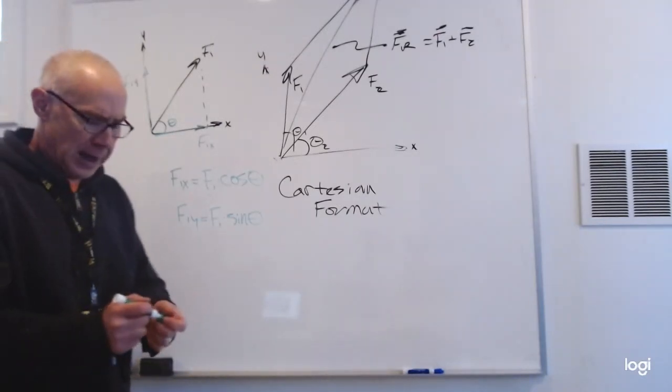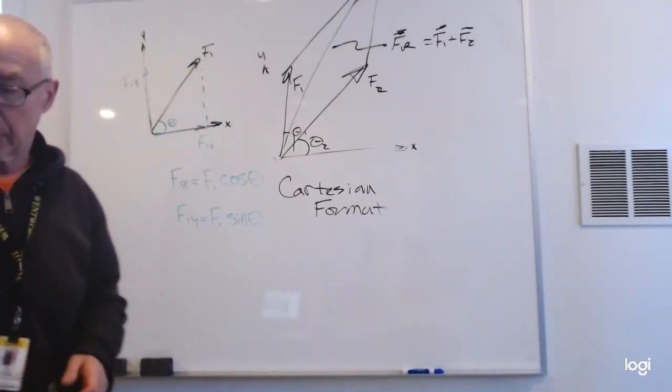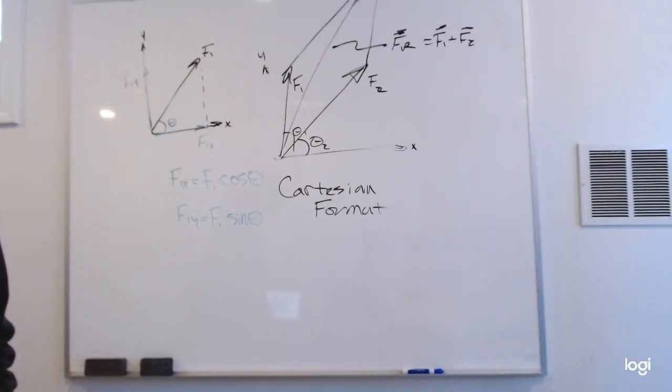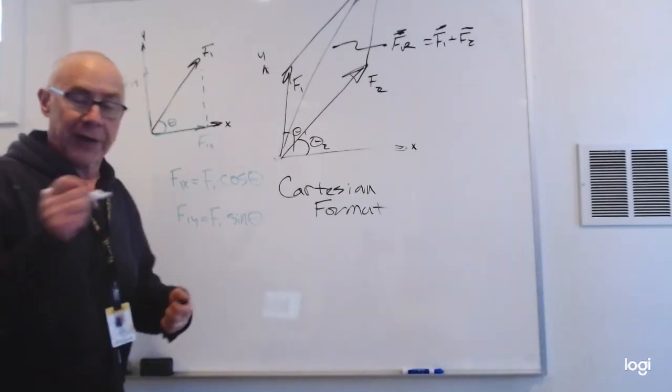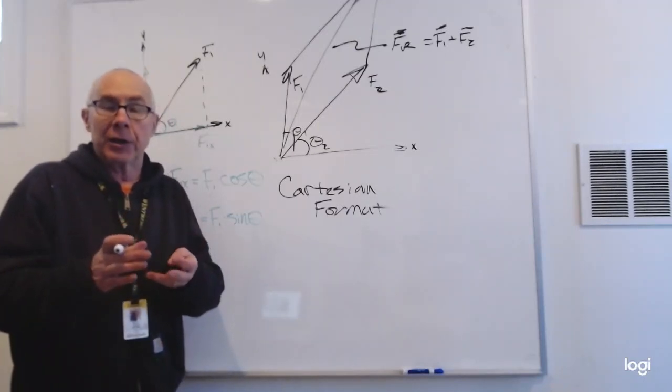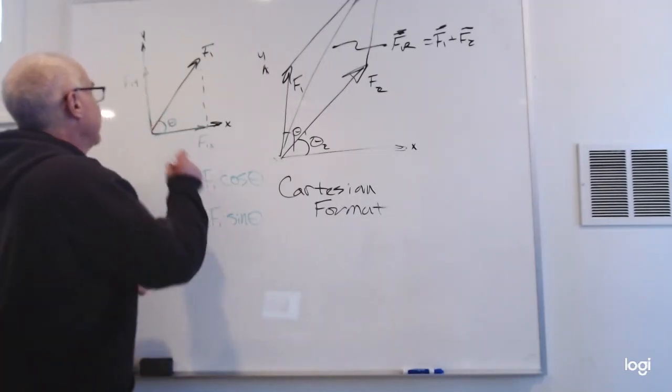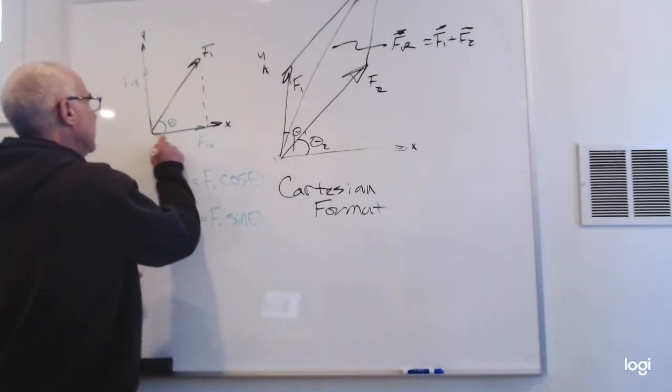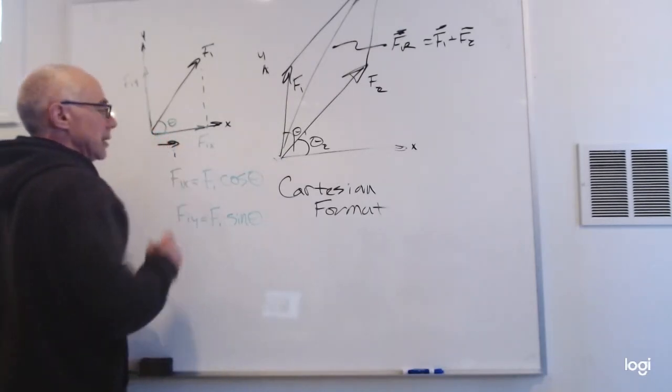Now, we have our unit vectors. Remember, a unit vector is a vector that has a length of 1. We're going to define our unit vector i in the x direction.